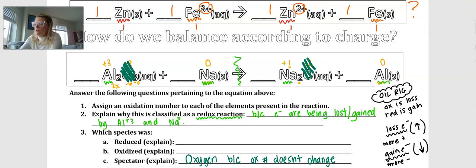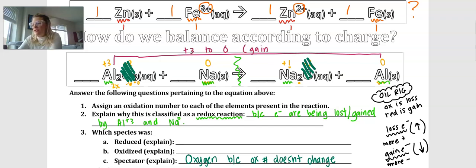So let's go ahead and determine reduction first. Reduction is a gain. We should be seeing the charge go down. And so aluminum goes from a +3 to a 0. And that's going to be a gain of electrons or a reduction. Okay, so our species which is reduced, again, you have to specify that it's aluminum +3, not just aluminum, because pure aluminum, elemental aluminum, is a product.